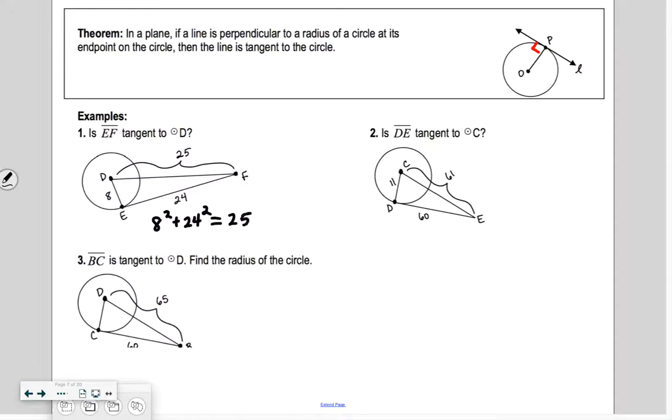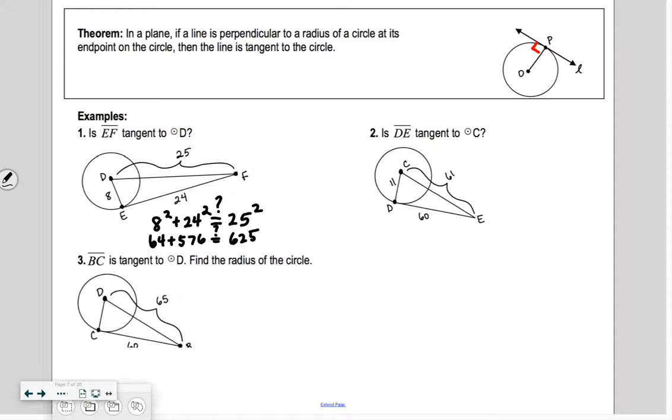We want to see if this is true. If I don't know if something's true, a lot of times I'll write a little question mark over that equal sign. Then we find these numbers. 8 squared is 64, and 24 squared is 576. I want to see if that's equal to 25 squared, which is 625.